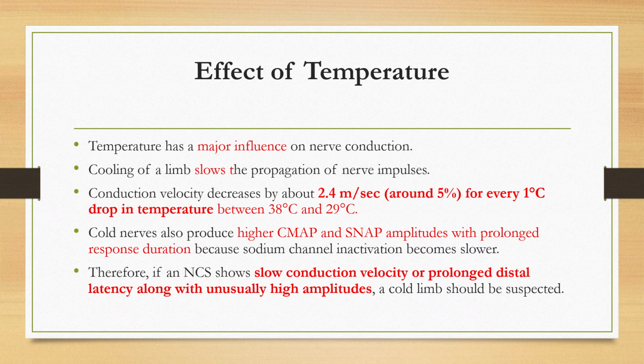Colder nerves also produce higher CMAP and SNAP amplitudes with prolonged response duration because sodium channel inactivation becomes slower. Therefore, if an NCS shows slower conduction velocity and prolonged distal latency along with unusually high amplitudes, a cold limb should be suspected.